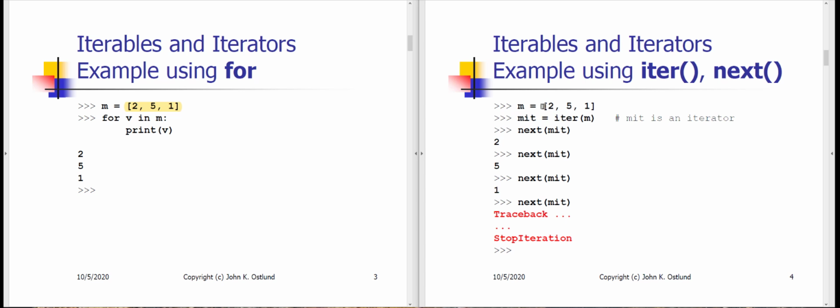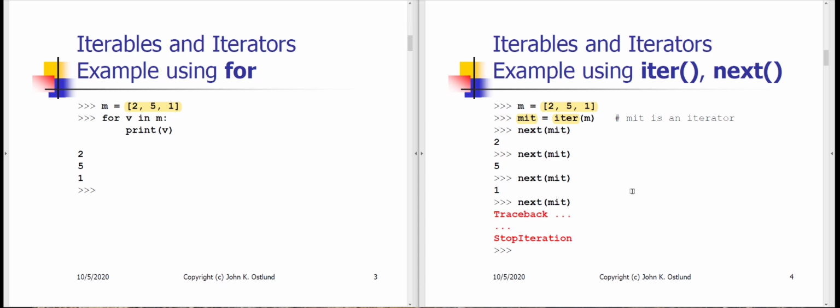So here we have the same list. We've got the variable m being set up to refer to, well, not an identical list, but a list with the same items in it. Okay, so m is referring now to a list containing 2, 5, and 1 as its items. And rather than using a for loop, I'm going to call iter on the list object m to get back an iterator.